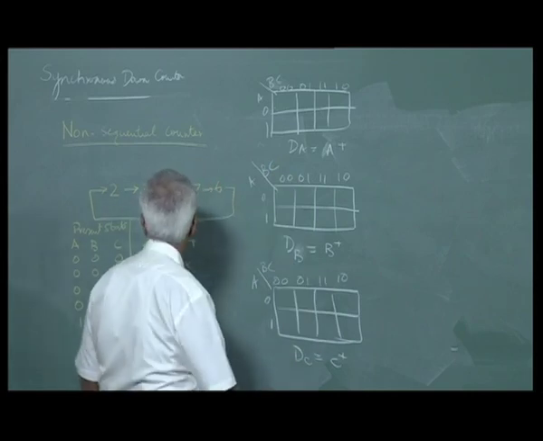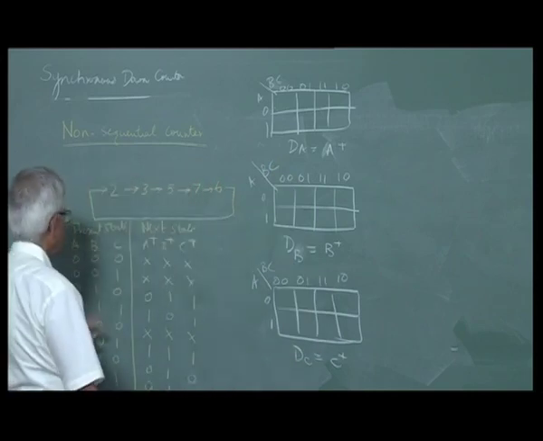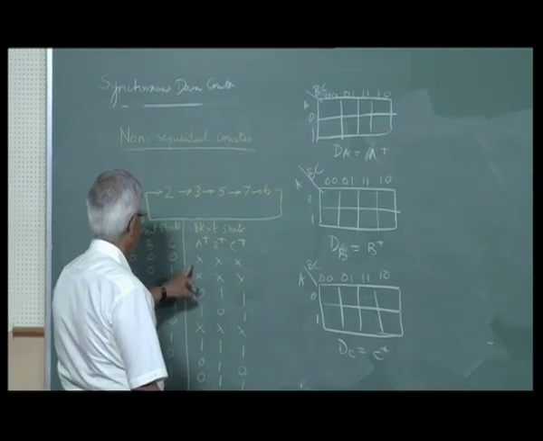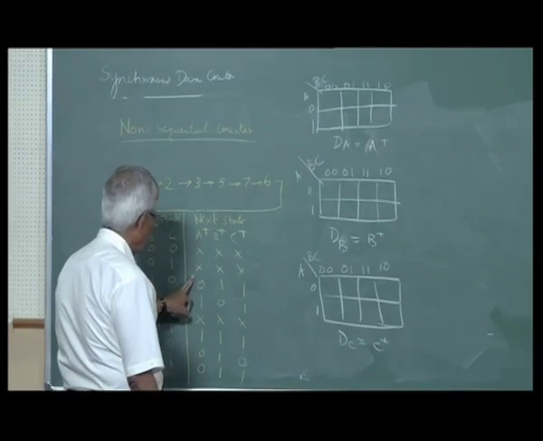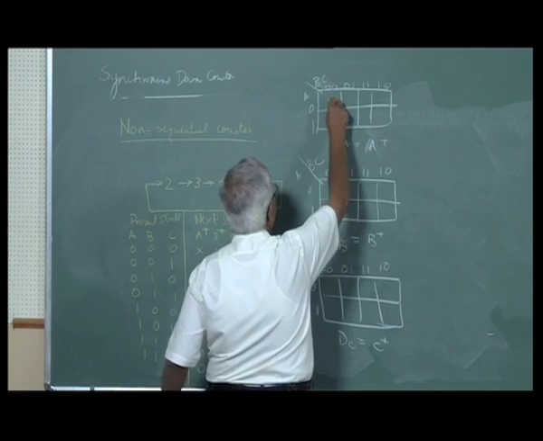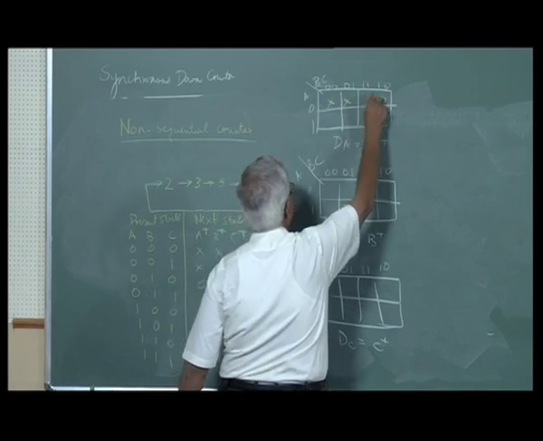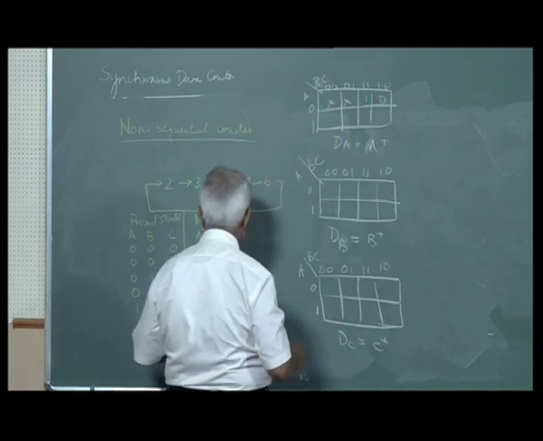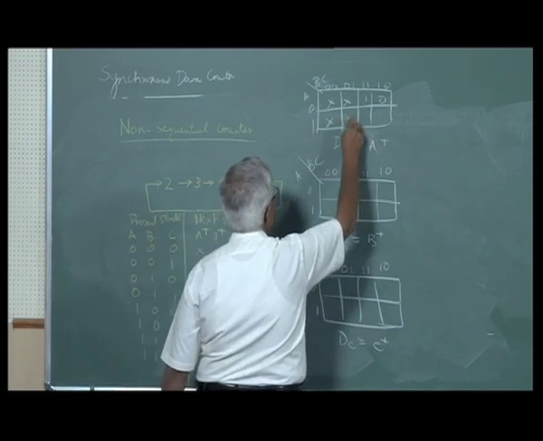Now, let us look at A. This is don't care, 0 1, don't care 1, 0 0.